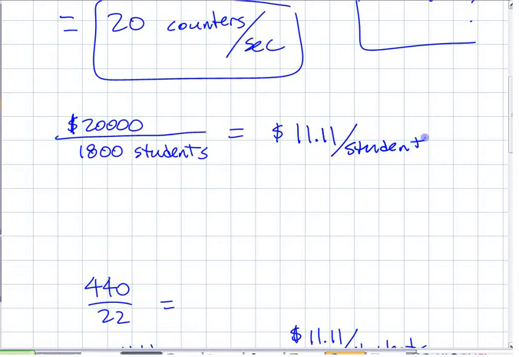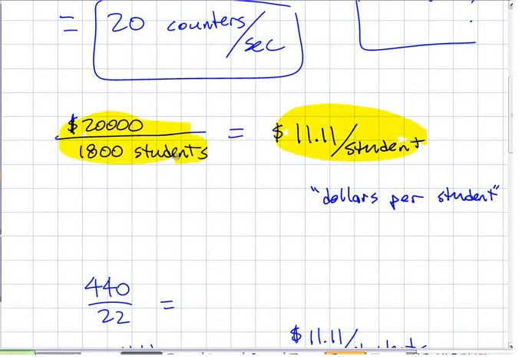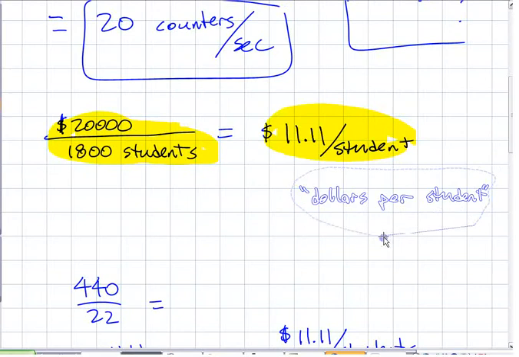The units on this rate are dollars per student. Those are the units that you use with this rate. This is called a unit rate. This is called a rate. Let me tell you why, because those are two terms that you're going to have to define in your study guide.